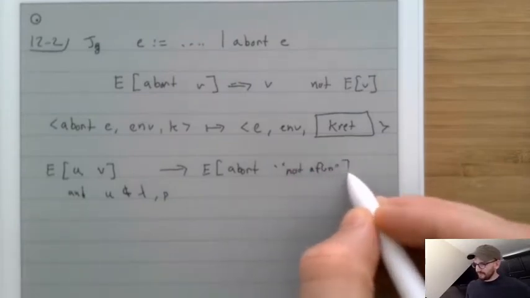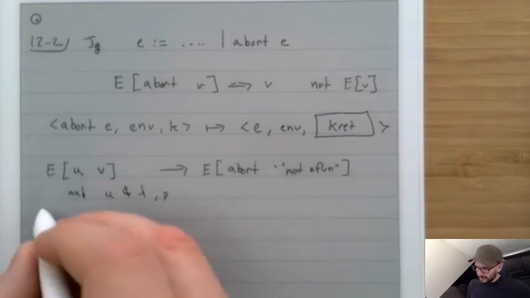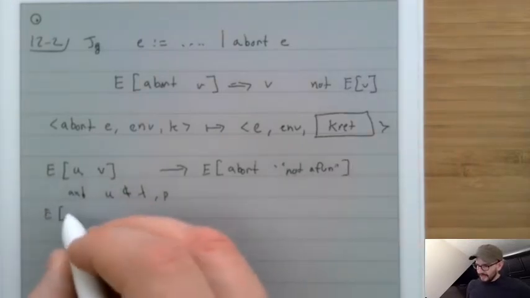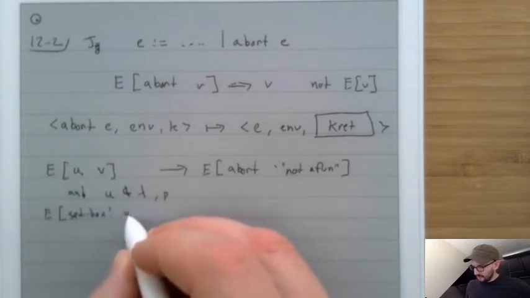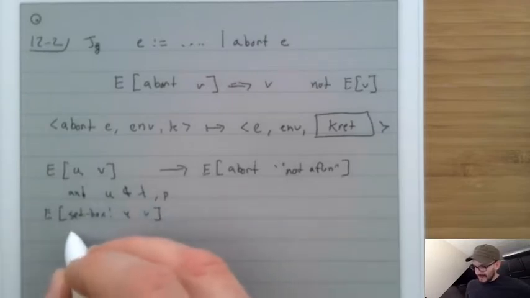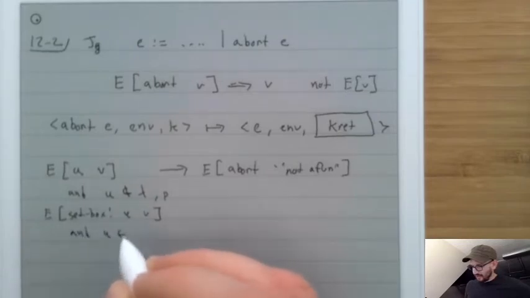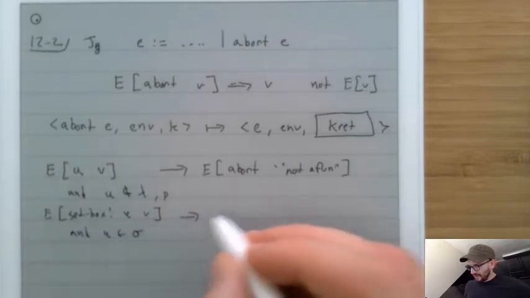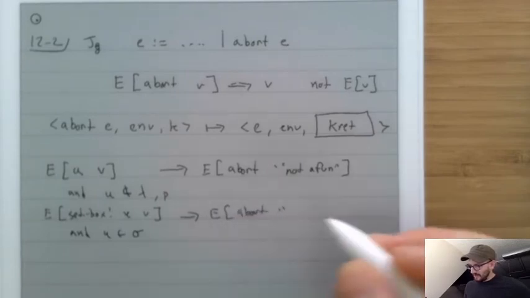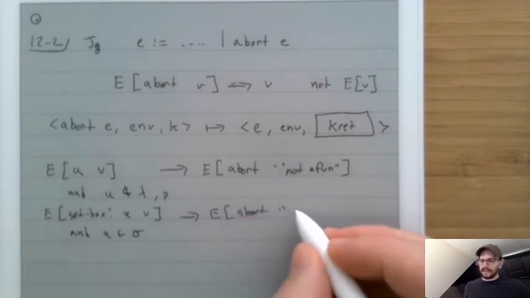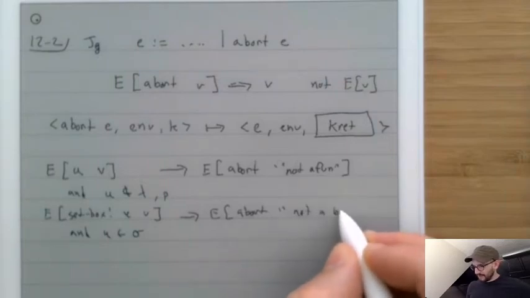Not a function. Okay, and there would be another rule that would say something like, if we get to a set box of u v, and u is not a pointer, then in that case, we'll go to abort of not a box, and so on.